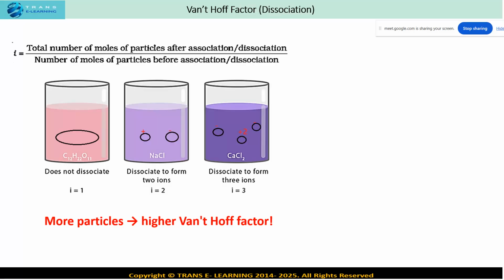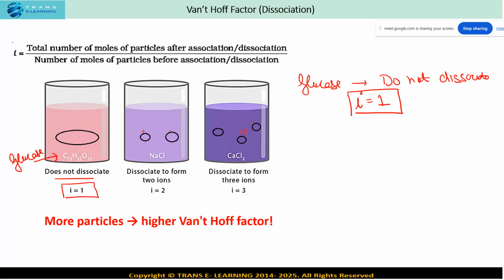The Van't Hoff factor is the total number of moles of particles after association or dissociation divided by the number of moles of particles before association or dissociation. Here glucose does not dissociate in water, so the Van't Hoff factor is 1. Now the second case is sodium chloride. Sodium chloride in water dissociates into Na plus ions and chloride ions.